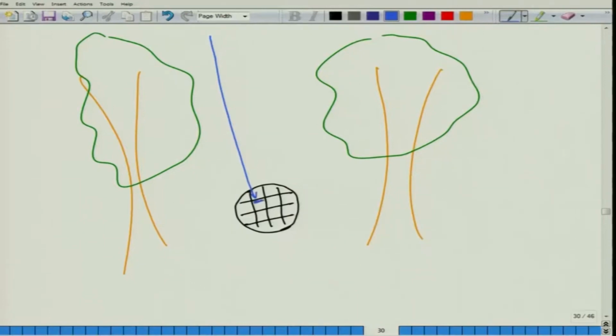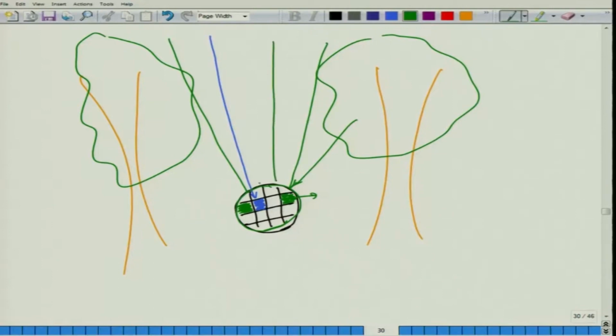So, this portion is showing you a blue color of the sky, maybe the light from this portion is getting to this section. This is showing us green, this is also showing us green. So, the number of grid points that are showing us the canopy divided by the total number of grids in the densiometer will give us a measure of the canopy closure, because when we are putting it close to the ground, we are just observing all the different portions from the same device. So, this is an estimate of the canopy closure.